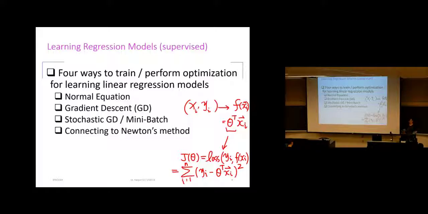So that's how we look for theta, by minimizing J theta. We minimize J theta, and hopefully the best theta star gives me the smallest J theta. That's what our training data informs us.